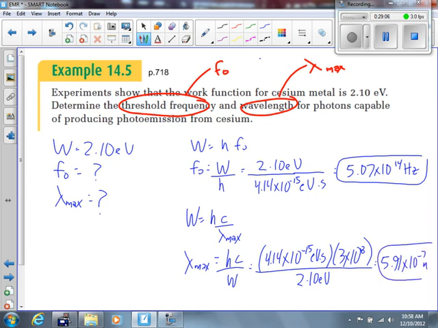Okay, good. Now, pretty soon we're going to encounter problems where we can't use that 4.14 electron volt value for Planck's constant. I'm going to tell you right now when we can and when we can't use it, so that when we encounter that problem, you know that you can't use it. Here's a rule of thumb. You can use it whenever it's convenient, except when you're using the equation 1/2 mv squared or qV stop.